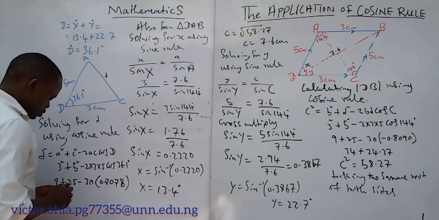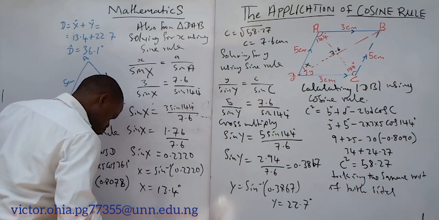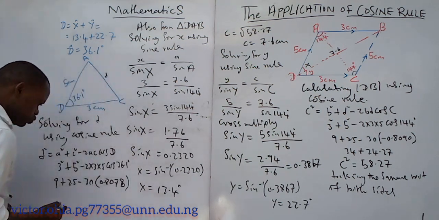So times 30, let's see what it will give us. Times 30 equals 24.23.